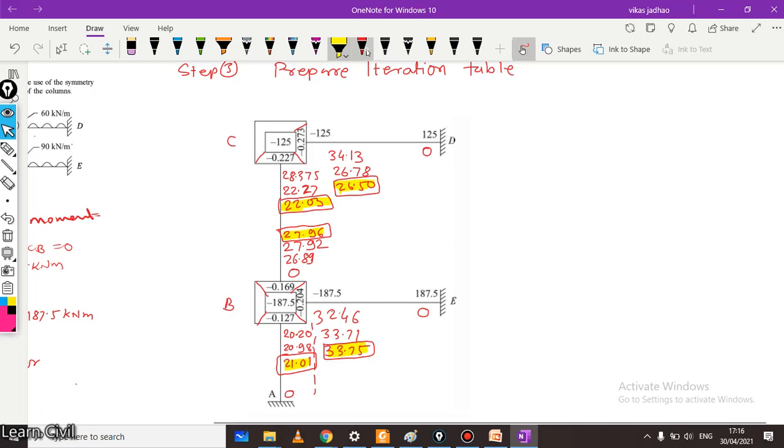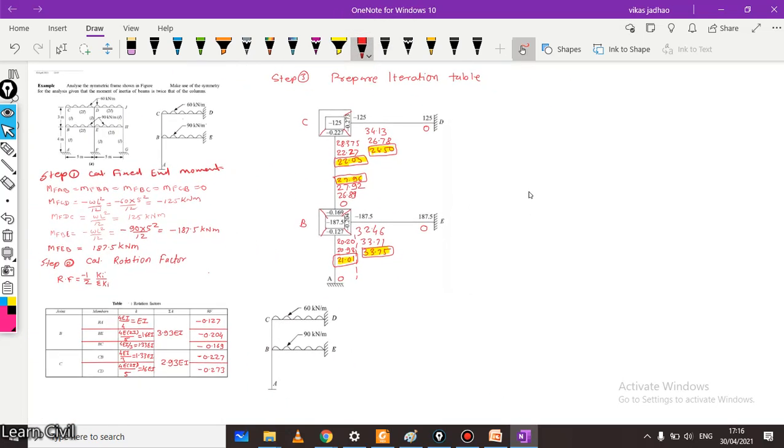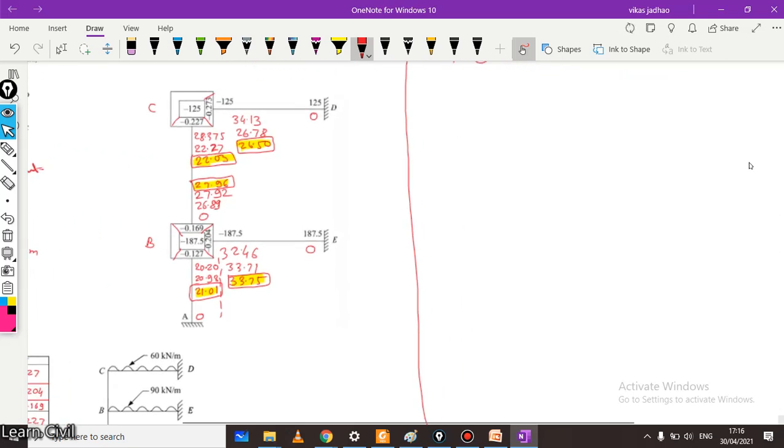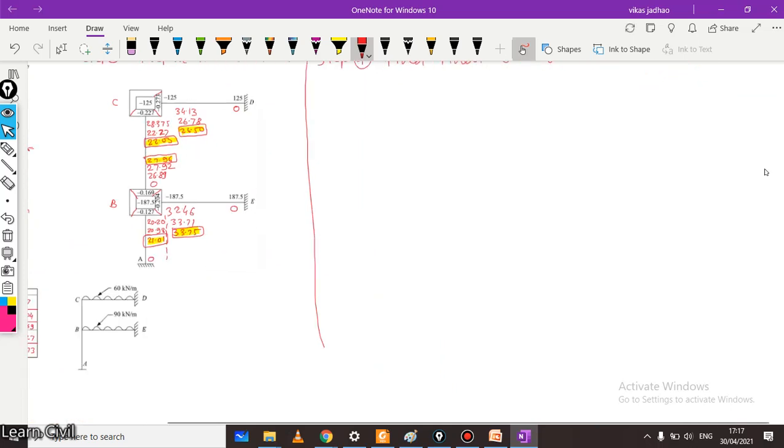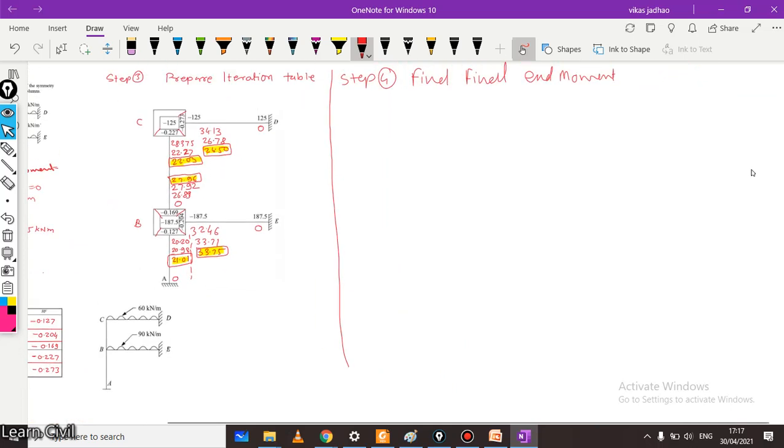Now step number 4, I'll write down side by side: find final end moment. To find the final end moment, we have already calculated the rotation contributions, and we'll prepare one table.